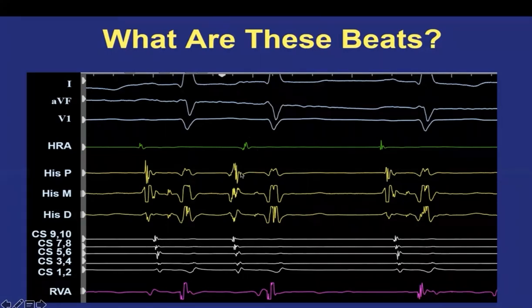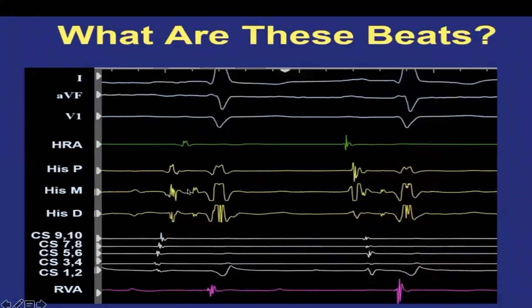That's coming from a different site than the SA node, because the SA node is earlier, and here the right atrial electrogram is later than the other activities. So we know that this is a PAC rather than the sinus rhythm, because the activation is totally different.